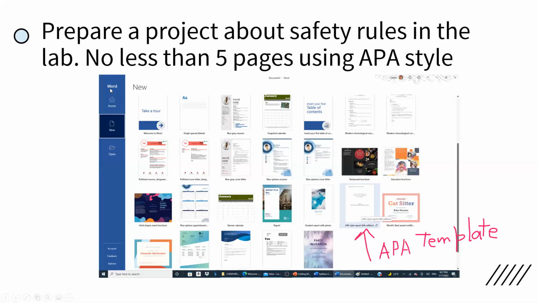If you go to Word, you can get a template for APA style, and it will help you. But also in D2L, you have a video that explains how to write a project using APA style.